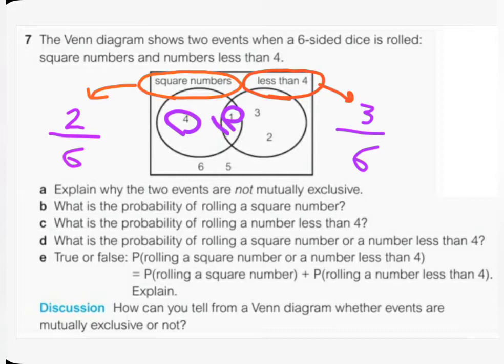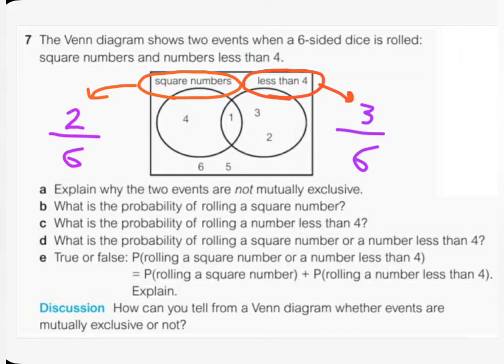They are 1, 2, 3. So, basically, when you find this probability, you're going to add the ones here, which are square numbers and numbers less than 4.